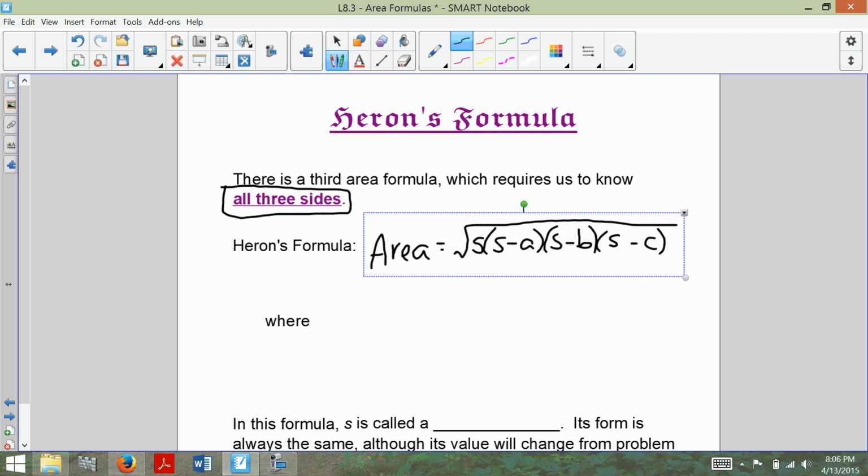Now, the a, b, and c in here are the three sides of the triangle that we've been seeing before. The s is something new. The s is a new value that we can calculate, and that's actually the perimeter of the triangle, so a plus b plus c, all divided by 2. So 1/2 the perimeter, that's going to be my value of s.